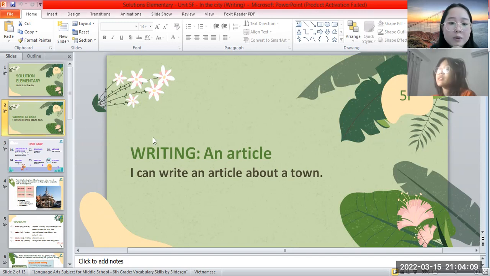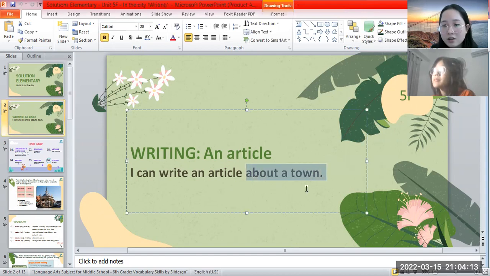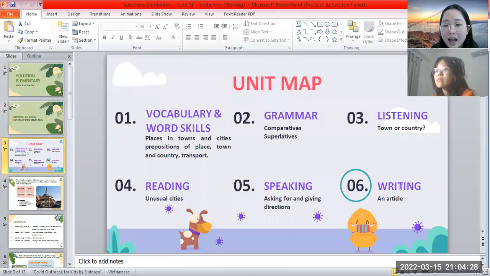So today we will learn how to write an article about a town. Because our topic is in the city, we'll learn how to write an article about a town. This is the last skill that we learn in unit 5.